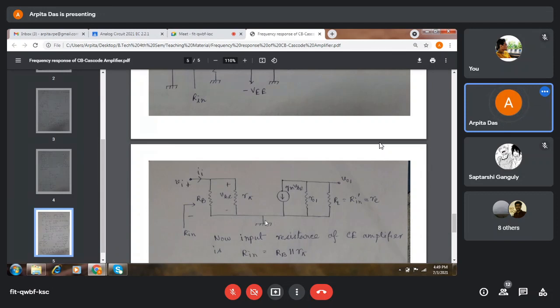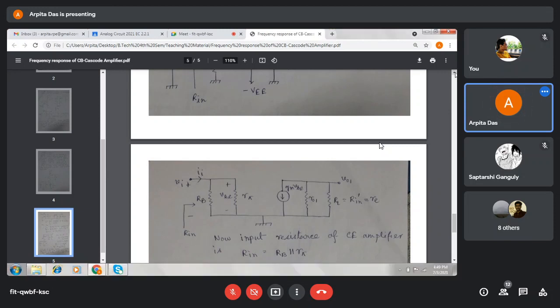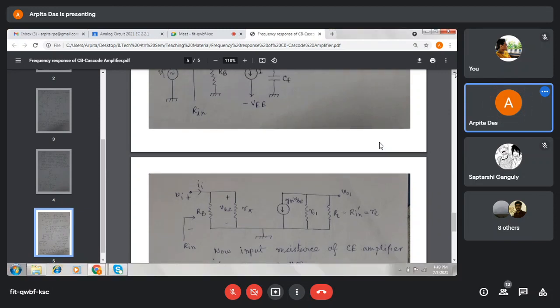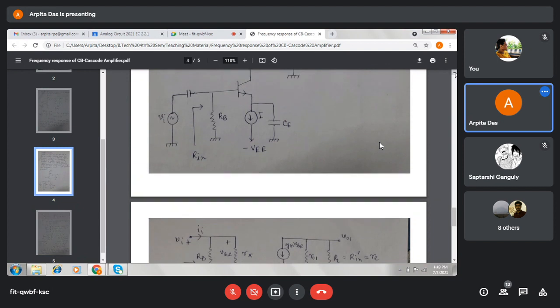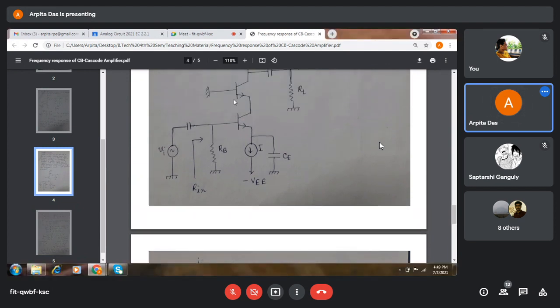The emitter end is directly grounded. Let us consider the collector terminal. At the collector terminal, there is a current source gm VBE. RO1 is again the output resistance of the CE amplifier, and RL is not here.